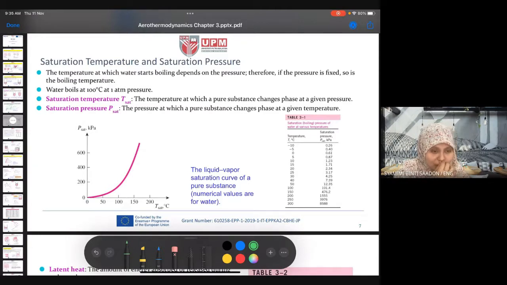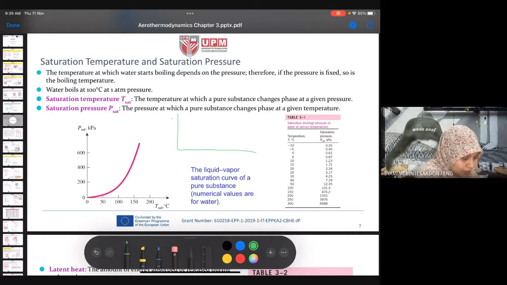So what we mean by the saturation temperature, for example, and pressure also, means once we reach that point, it is the maximum level of the liquid vapor phase. Okay.